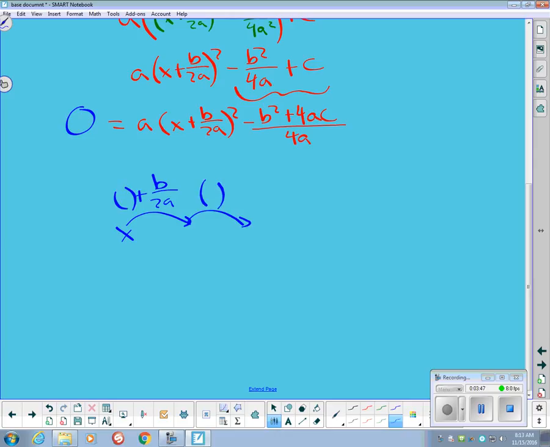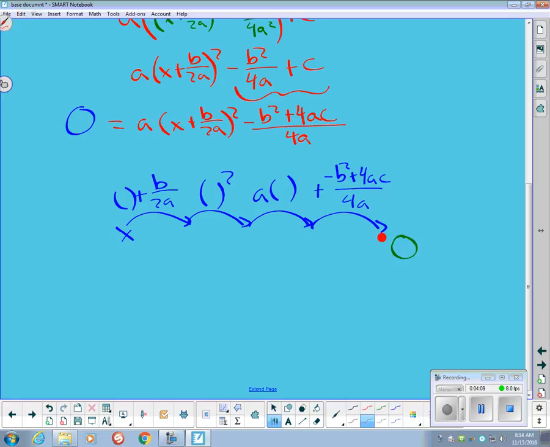That then is going to get squared. Then I'm going to do a times all of that, and then add on this negative b squared plus 4ac over 4a. And that's supposed to get me to a 0.